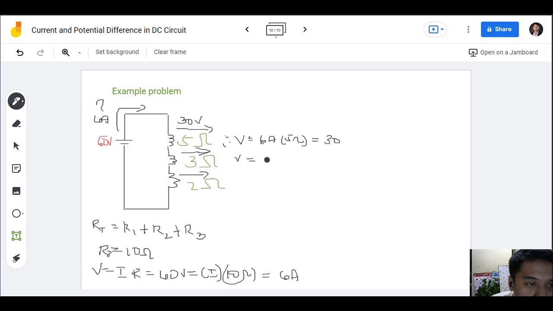Next, ito naman, 6 amperes times 3 ohms. So that will become 18. Tama ba? 18 volts. Next, ito naman.